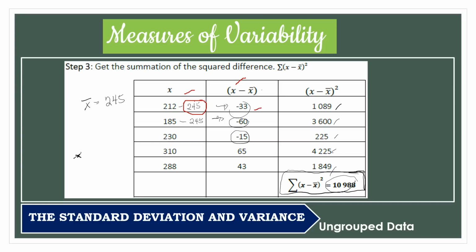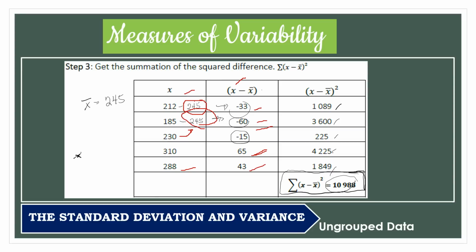Next, 185 minus 245 is equal to negative 60. 230 minus 245 is negative 15. 310 minus 245 is equal to 65. 288 minus 245 is equal to 43.